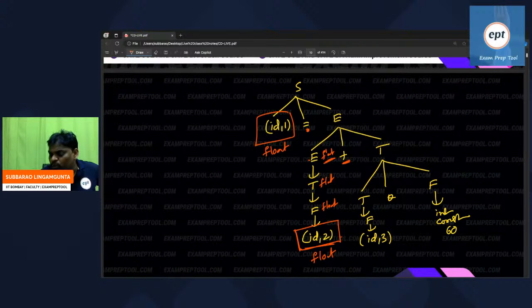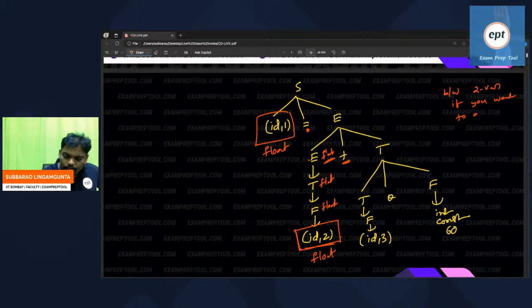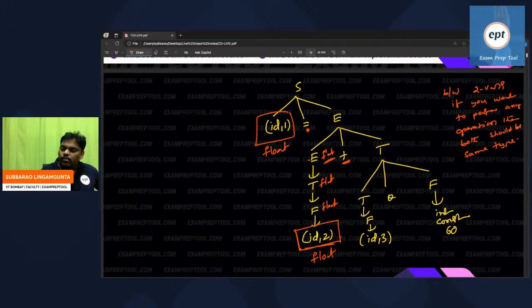Remember, in programming languages there is one rule: between two variables, if you want to perform any operation, both should be the same type. Same type.